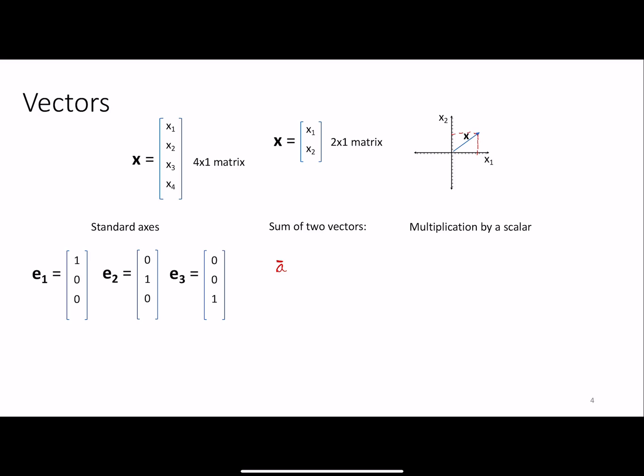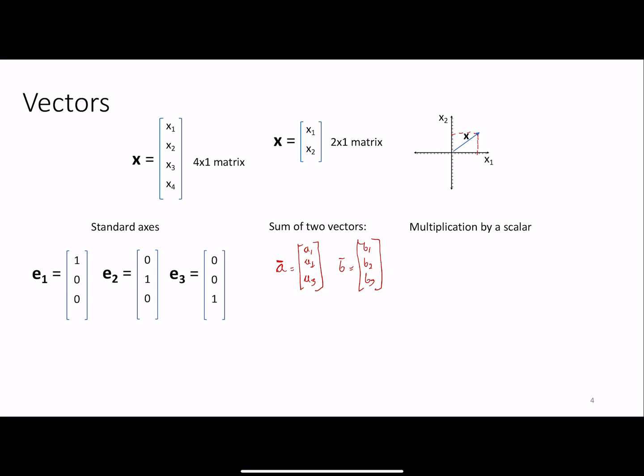So let's say we have a vector a, so let's make a three-dimensional vector a1, a2, a3. And by the way, we refer to vectors organized in a column like this as column vectors. And let's say we have vector b, and we'll refer to this vector as b1, b2, b3. We can add two vectors together.